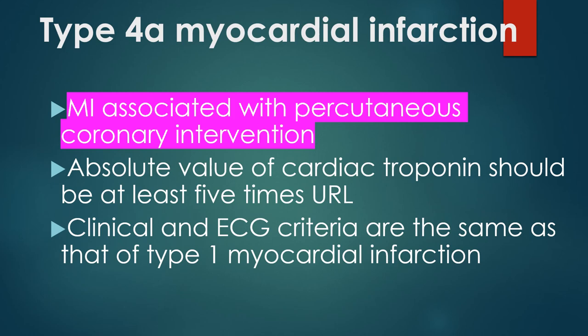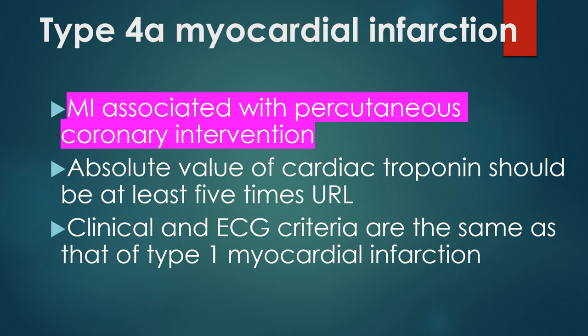Myocardial injury in this setting is defined as cardiac troponin values above 99th percentile upper reference level in patients with normal baseline or a rise of cardiac troponin value more than 20% of the baseline value when it is above the 99th percentile URL but is stable or falling. Absolute value of cardiac troponin should be at least 5 times upper reference limit.